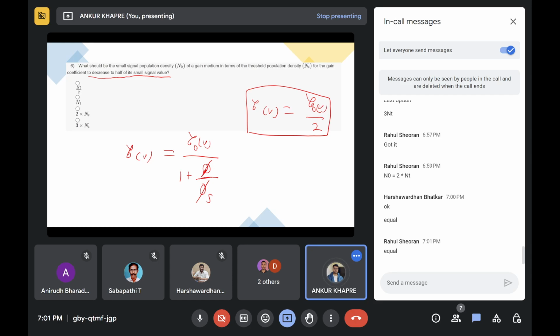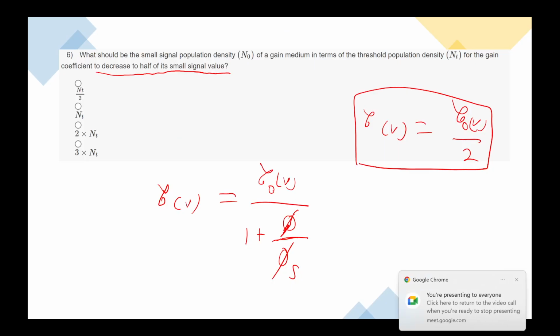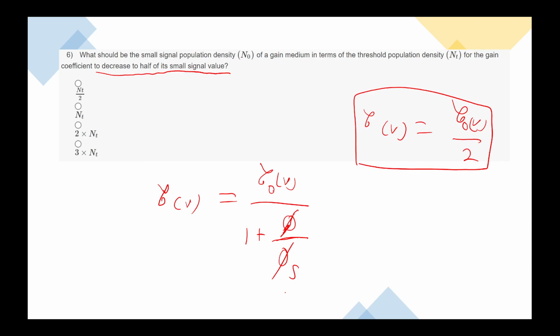Did I make some mistake? Yeah, both are equal only. If you keep it here, phi should be phi s.